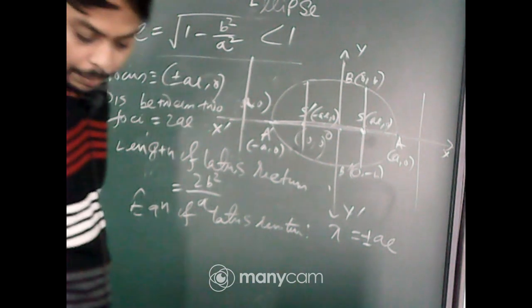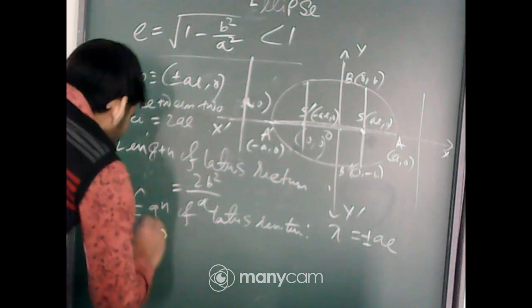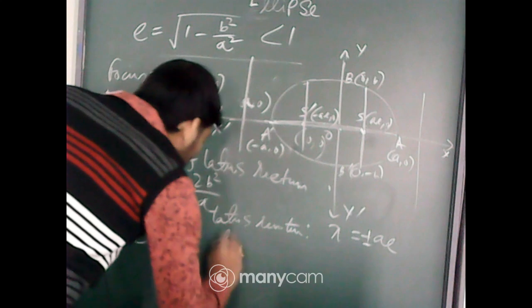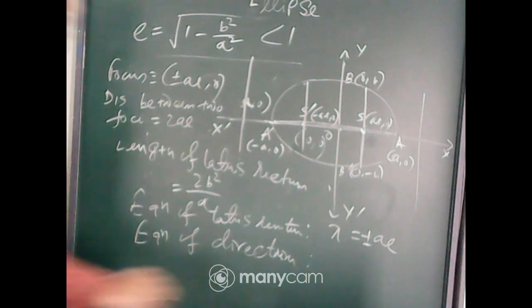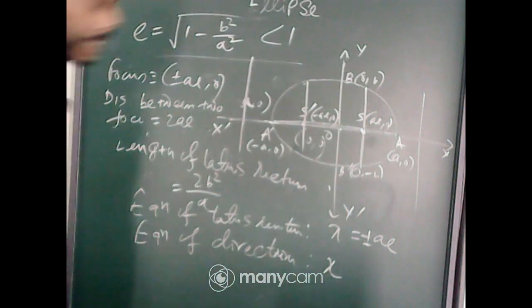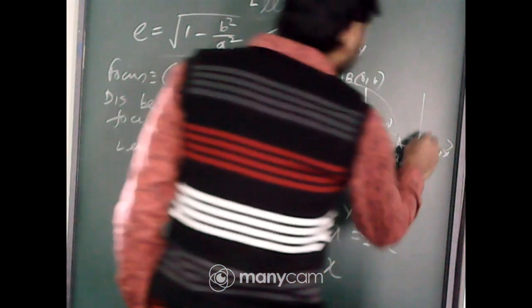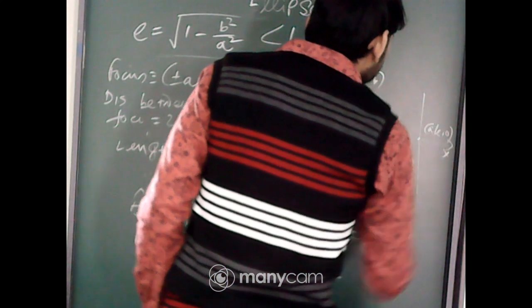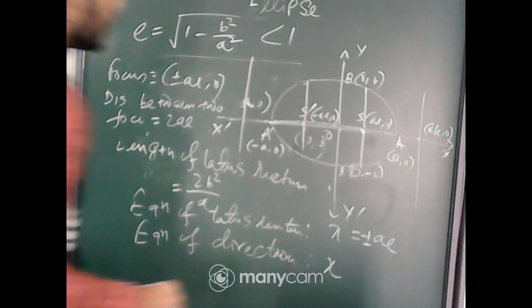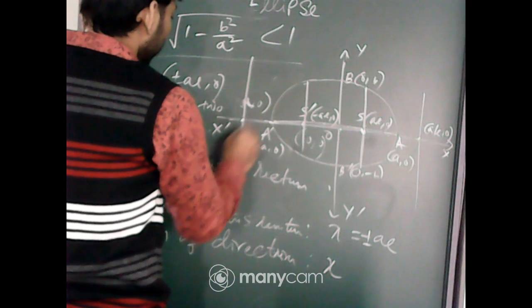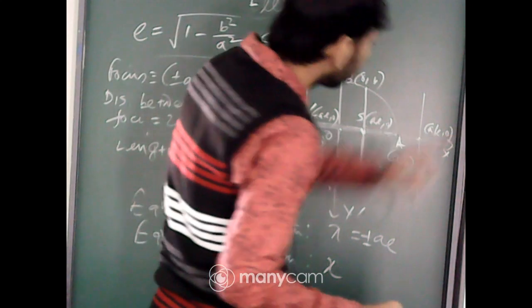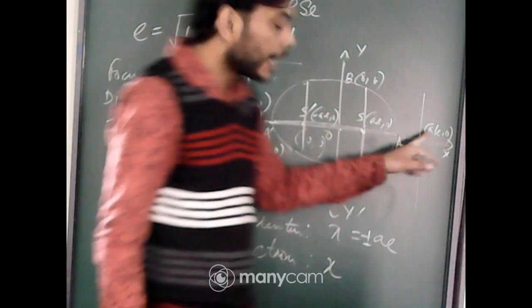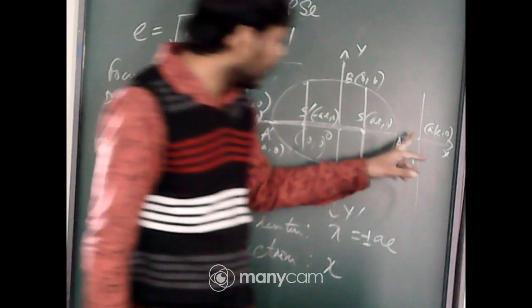Now the equation of directrix. It is also parallel to y axis, but this point is a by e comma 0, the point of intersection of directrix and the axis, and in the left hand side that is minus, sorry, a by e comma 0, not AE, AE is the focus.